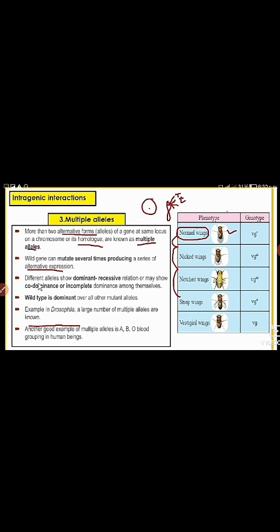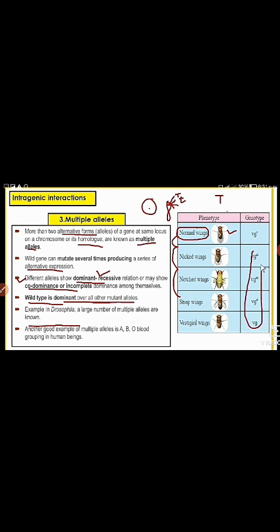These different alleles may show a dominant-recessive relation, or may show codominance or incomplete dominance among themselves. Here the normal wing, the wild type, is dominant over all the other mutant alleles, because these changes all arise from the normal wings.